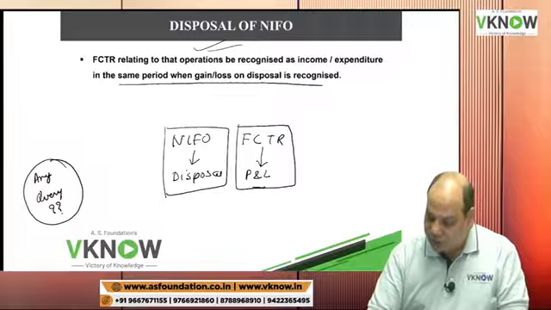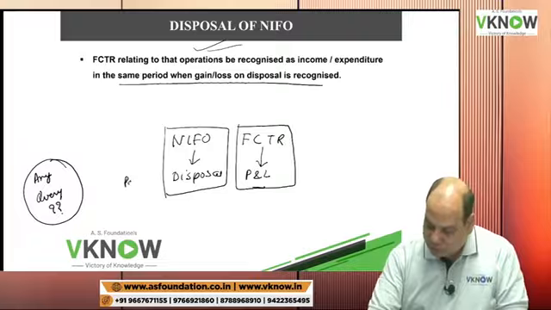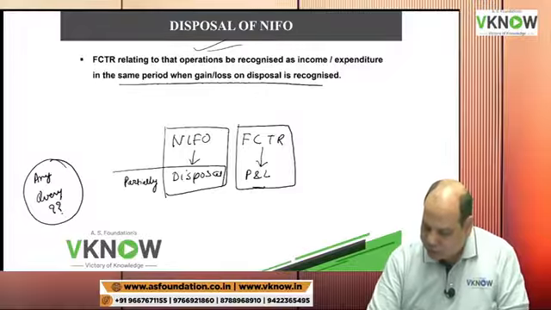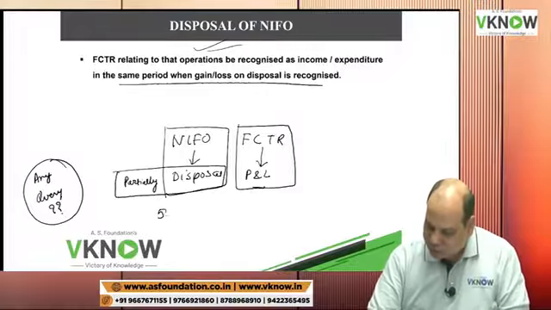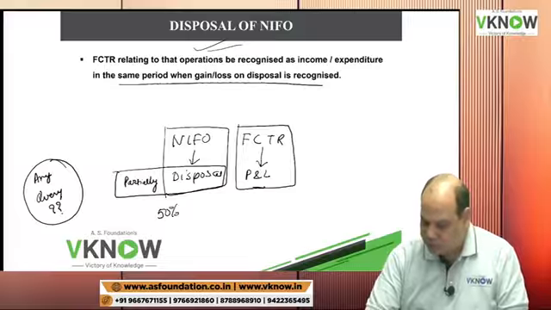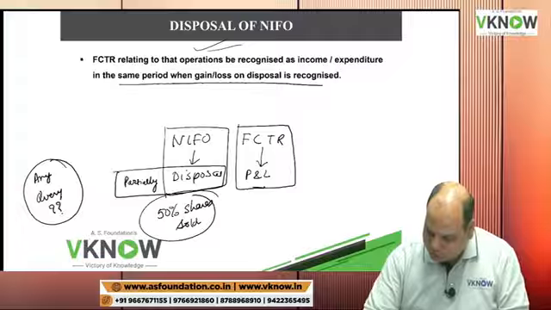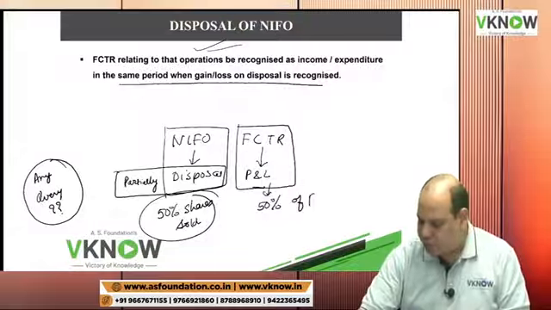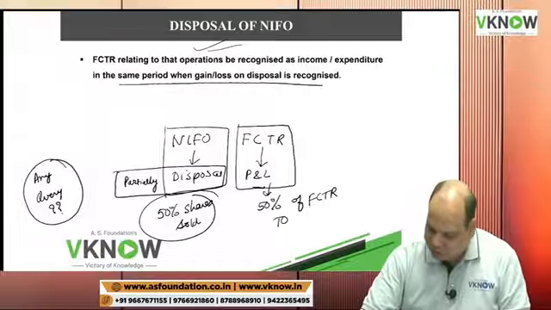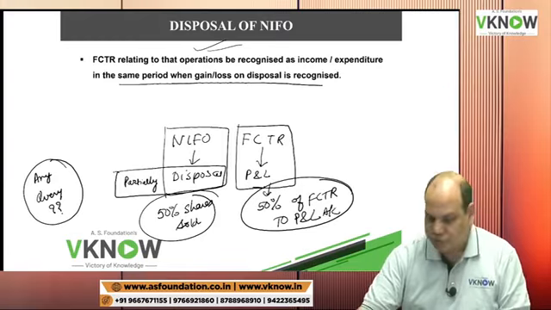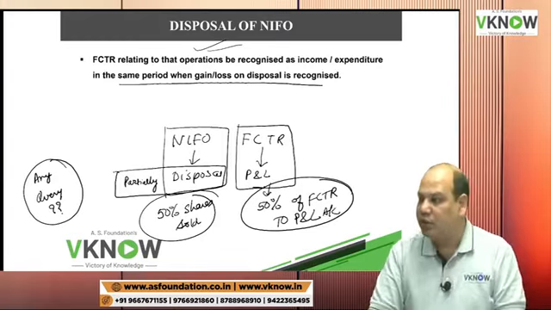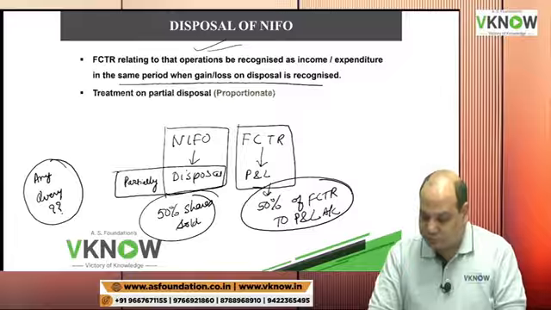If NIFO is partially disposed, let us say only 50% of shares are sold, then I will only transfer 50% of FCTR to the P&L account.